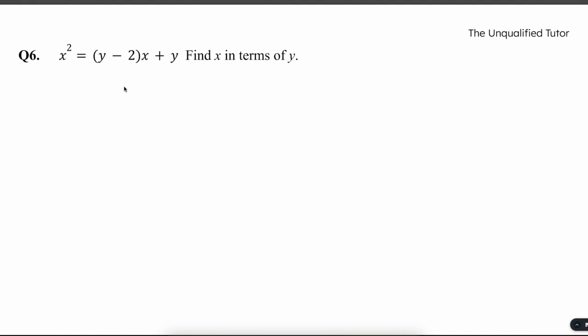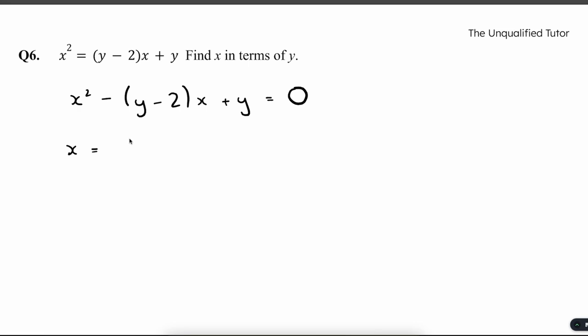Question 6. X squared equals y minus 2 lots of x plus y. Find x in terms of y. This is a quadratic equation, so we can subtract it onto the other side. So x squared minus (y minus 2) lots of x plus y equals 0.